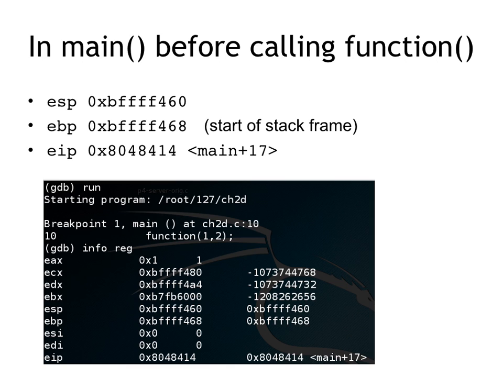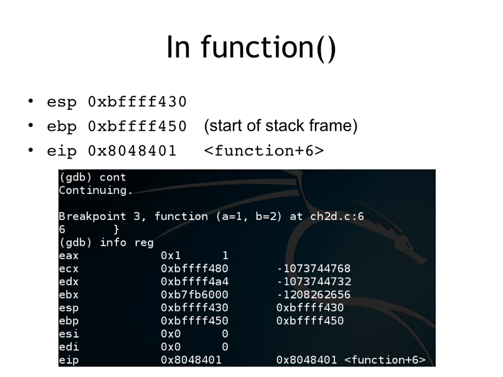Okay. Now, if I continue and run into the function and then break, now the stack goes from 430 to 450. So that's what I mean by a stack frame. This is in function.